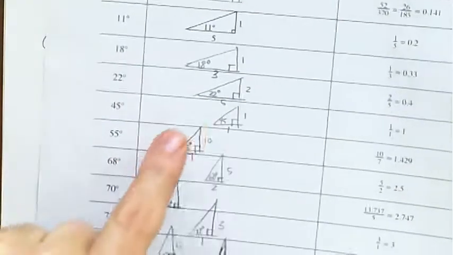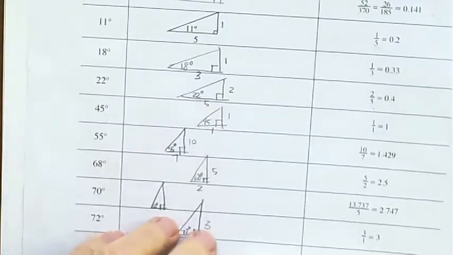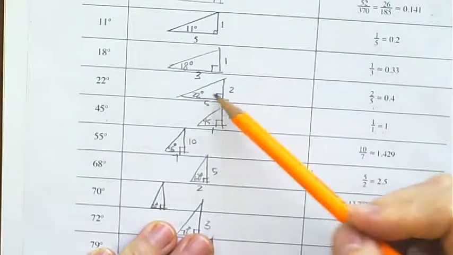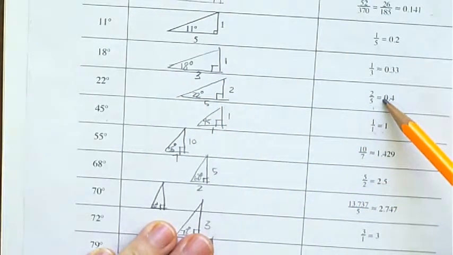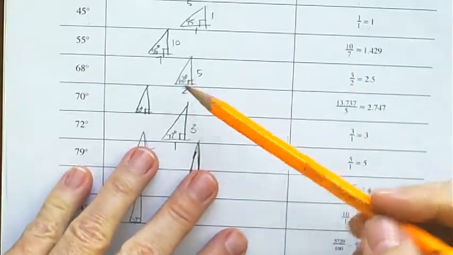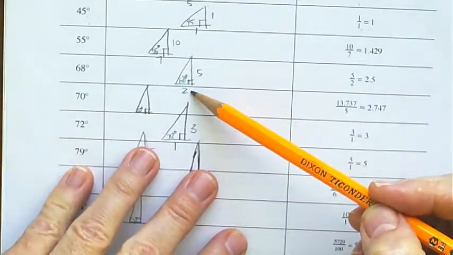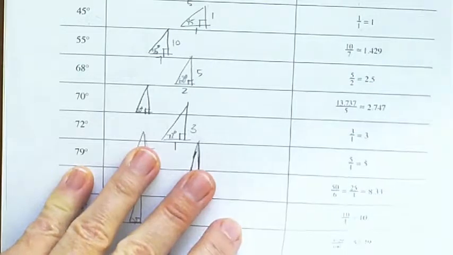So I could work with the 68 degree angle, or I could work with the 22 degree angle. I've got both of them on my graphic organizer. The slope ratio for 22, double 11, was 2/5. The slope ratio for 68 is just going to be the reciprocal of that, so that's going to be 5/2.